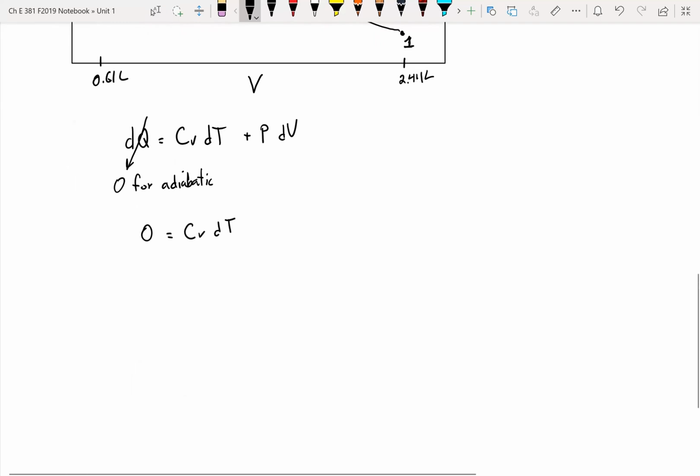So then I'll have 0 equals CV dT plus PdV. And what that means, by the way, is remember the CV dT is the delta U part, and PdV is minus W. So for an adiabatic process, 0 equals delta U minus W.